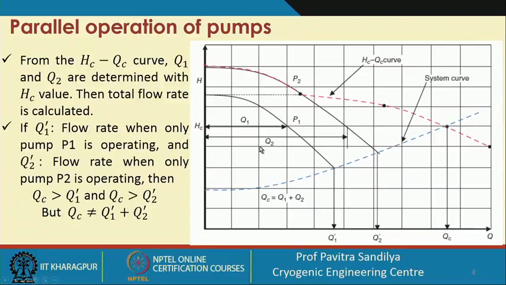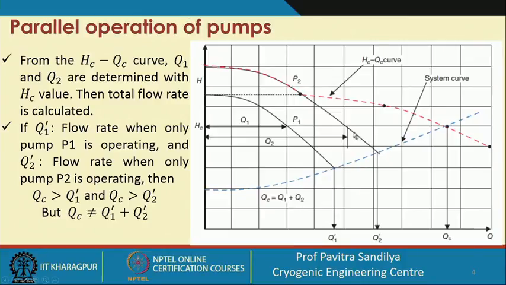Now, here we see the total HC curve, that HC-QC is the overall head versus flow rate curve. So, here we are plotting all these. You can see this red one is the HC-QC curve, whereas this black one is for pump 1 and this black one is for pump 2.